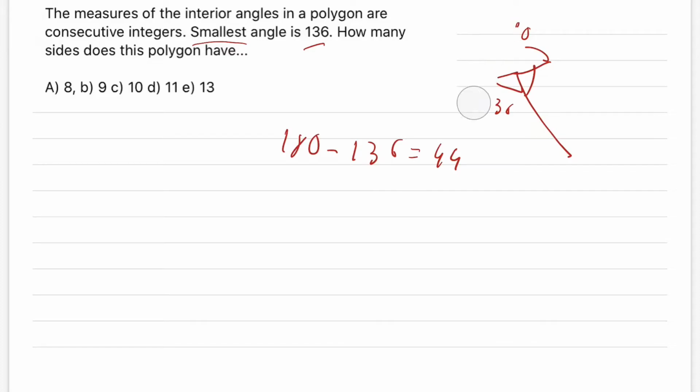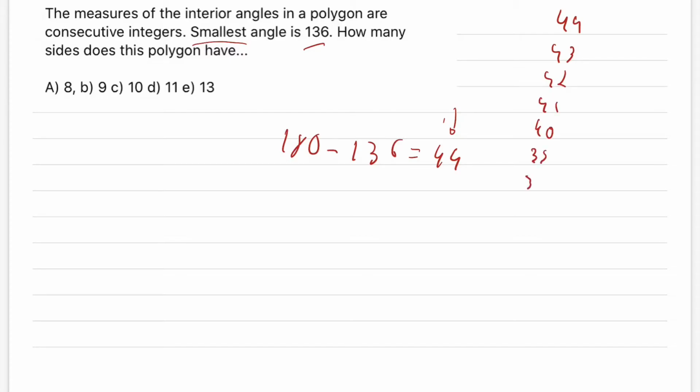I have a polygon here where the greatest angle would be 44, and so this is going to be 44, 43, 42, 41, 40, 39, 38, 37, 36, and so on.